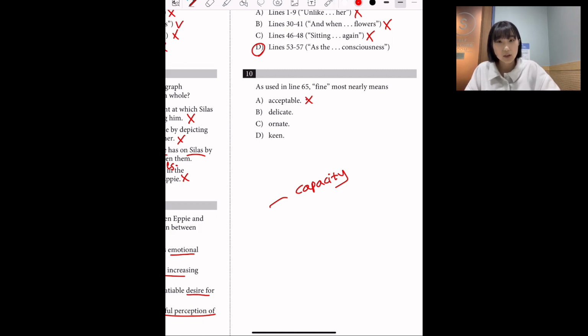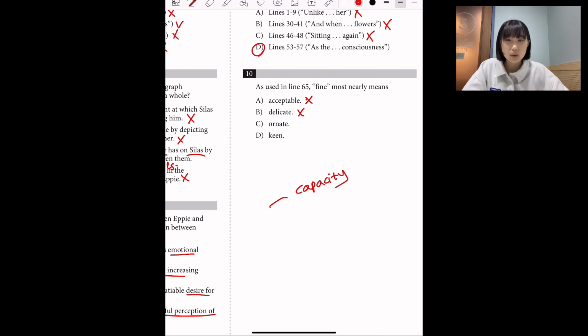B, delicate capacity for mischief. Well, it sort of draws a contrast, the word mischief and delicate. There can be delicate mischief, but I don't think it's talking about the rowdy, childish mischief. So delicate, I don't think is a very good word to use here. Ornate just means, like in the word ornament, just means decorated.